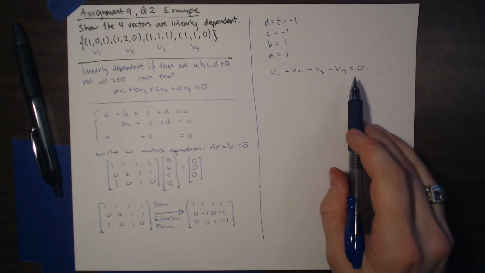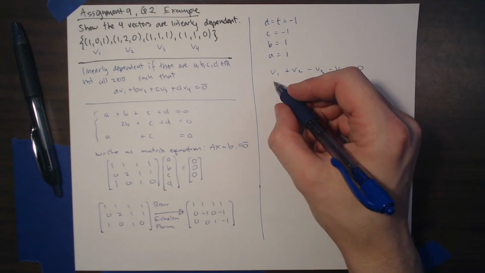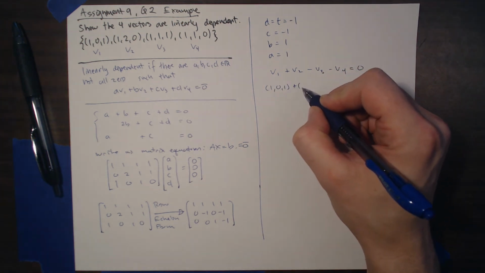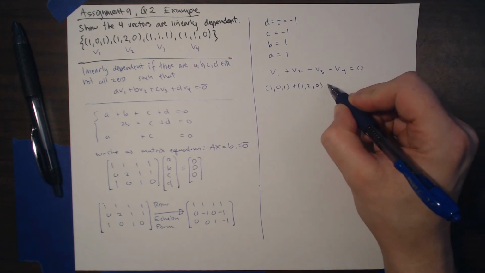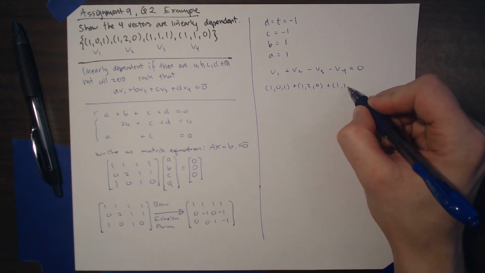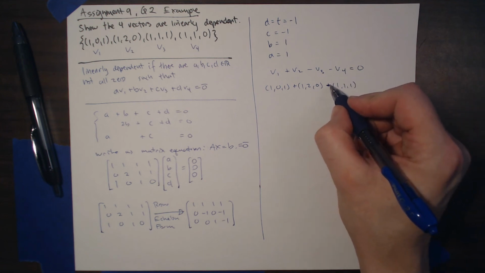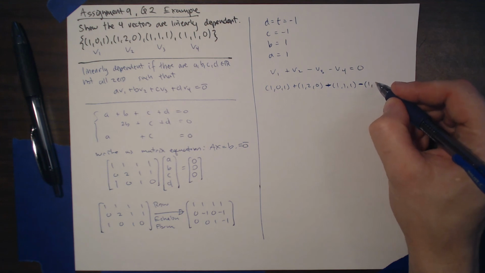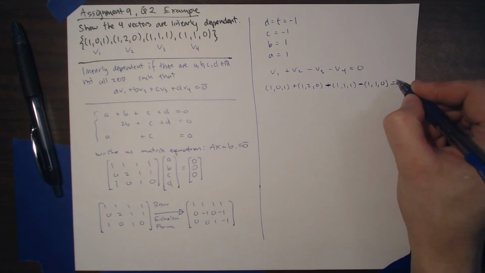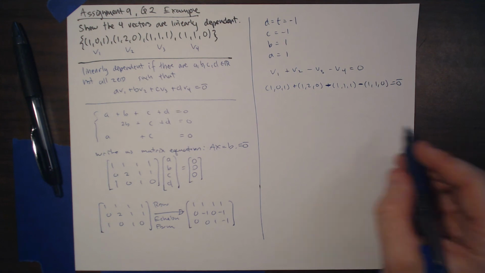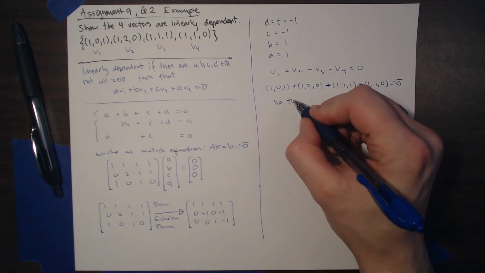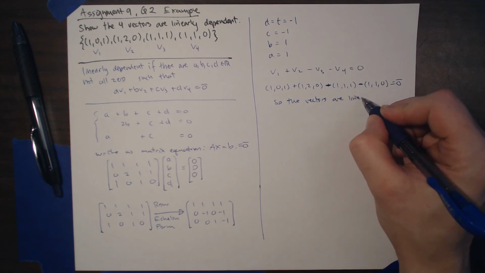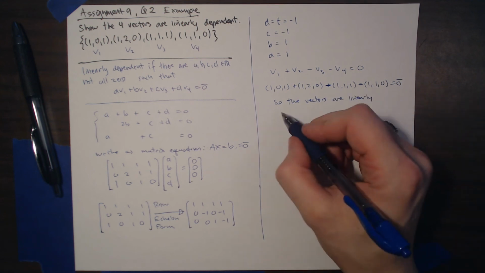If you wanted to write that out as the actual vectors, you could write 1, 0, 1 plus 1, 2, 0, minus 1, 1, 1. I'm sorry, we're minusing that third vector, and subtract the fourth vector, 1, 1, 0. This is equal to the 0 vector. So the vectors are linearly dependent.